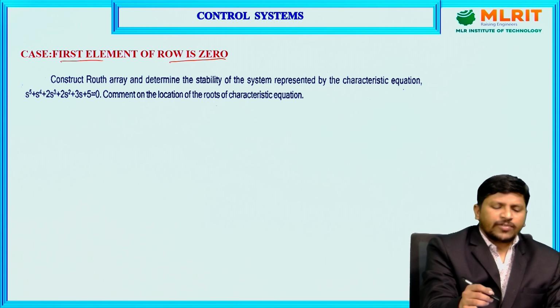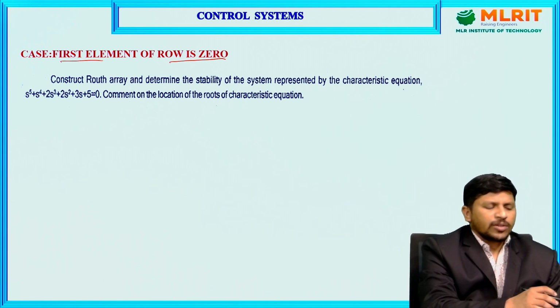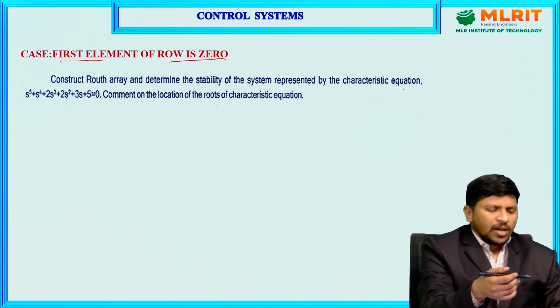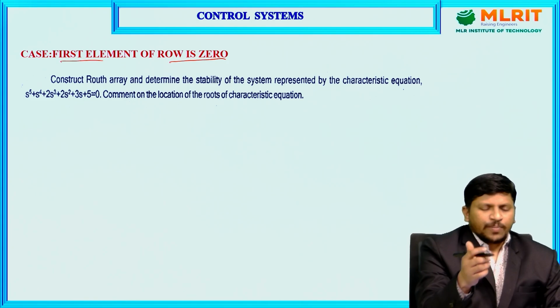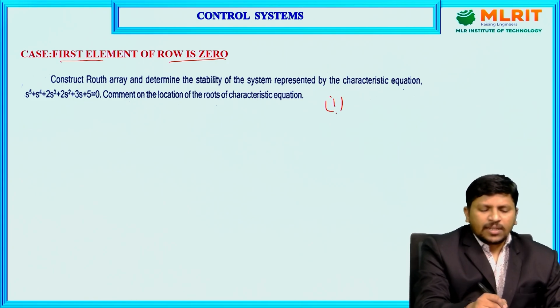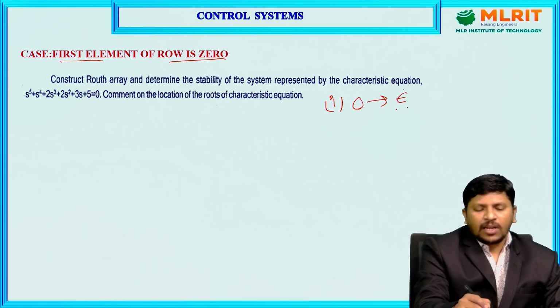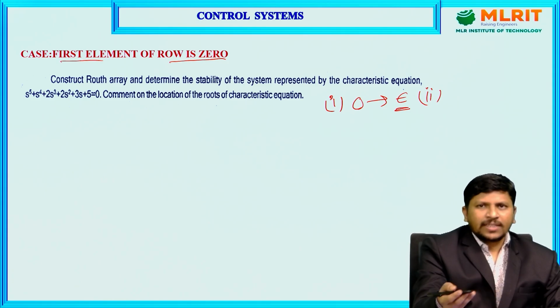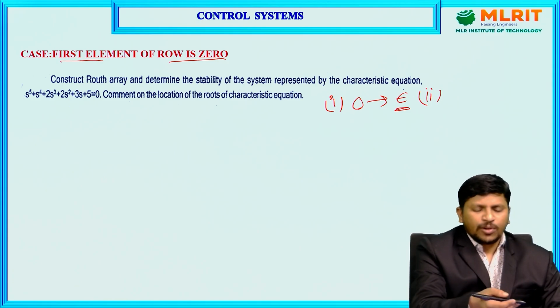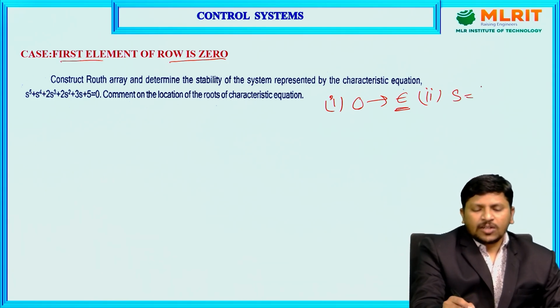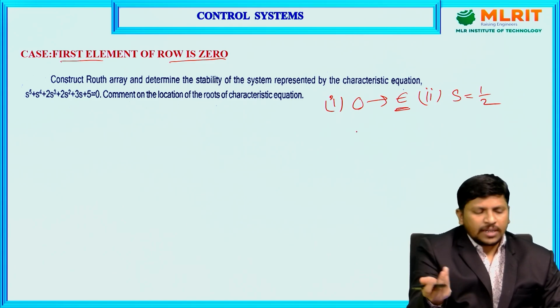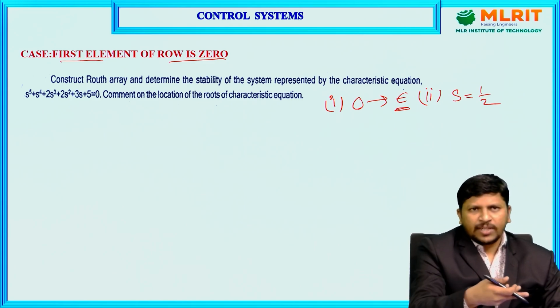These two methods we use when the first element of a row is 0. The first method is to consider, in place of 0, the small positive value epsilon. The second method is to substitute s equals 1 by z. We use these two methods to solve any problem where the first element of a row is 0.